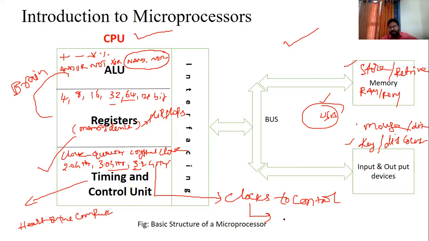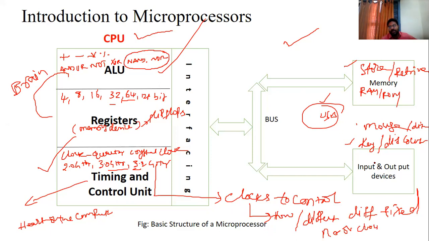You can simply say it sends clocks to control the devices within the microprocessor, and at the same time the devices on the outer side. How many clocks will it send? Different operations send different fixed numbers of clocks.